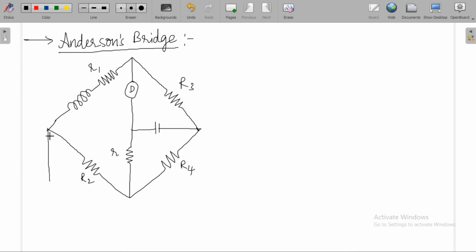Let E be the voltage given to this bridge. C is the capacitance of this capacitor.